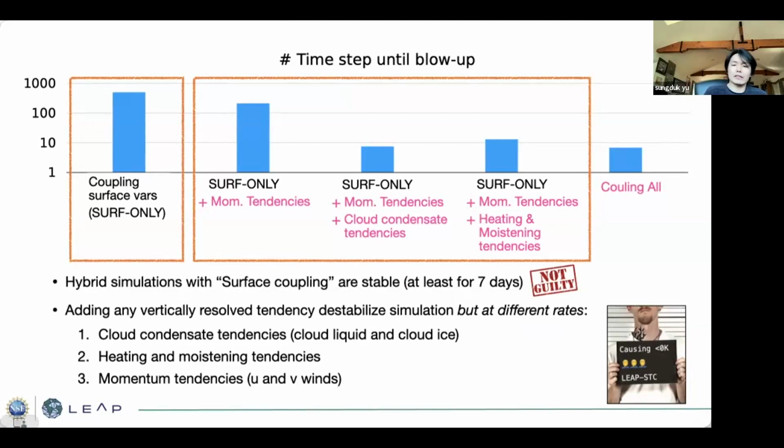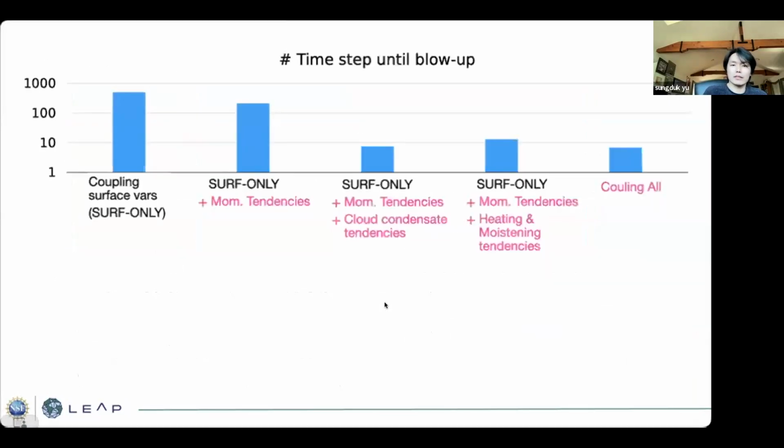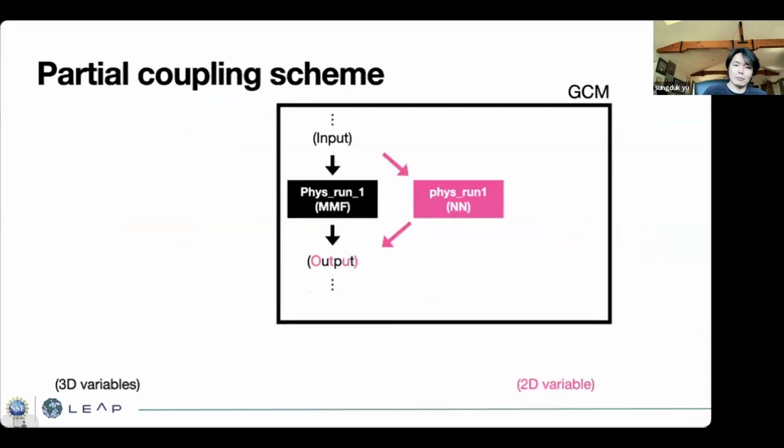So basically, doing this partial coupling kind of defeats the benefit of computational cost saving by using the emulator instead of the original multi-scale modeling framework. So the partial coupling is only for the hybrid model development process.